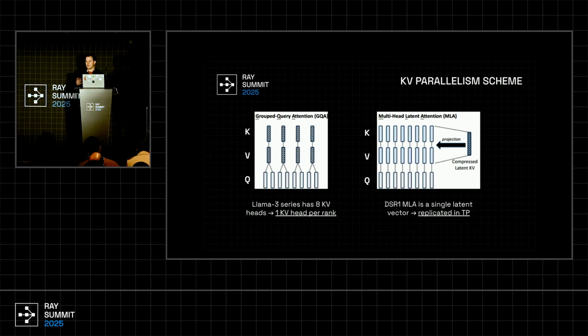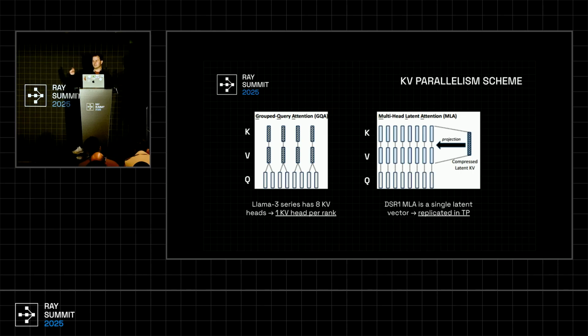And in fact, the Llama 3 architecture was specifically designed for these single node deployments, since they have exactly 8 KV heads. But what we've seen is that modern models, such as Qwen 3 MoE, will use much fewer KV heads. Qwen 3 MoE, for instance, only has 4 KV heads. And other models like DeepSeek R1 will use variants of attention, such as MLA, which compresses all of the KV heads into a single latent KV vector.